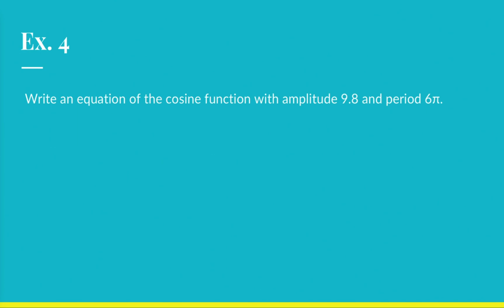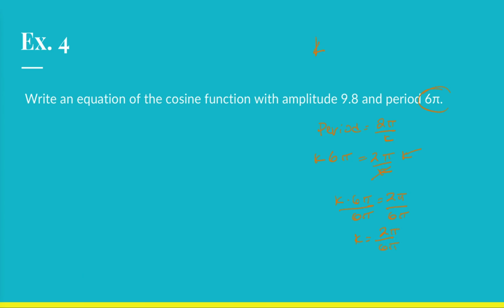All right, an equation of the cosine function with an amplitude of 9.8 and a period of 6 pi. So let's deal with the 6 pi first. Our period equals 2 pi over k. If we know our period is 6 pi and we want to make that equal to 2 pi over k, and we solve for k, multiply both sides by k, k times 6 pi equals 2 pi, and we divide by 6 pi, we get that k is 2 pi over 6 pi.